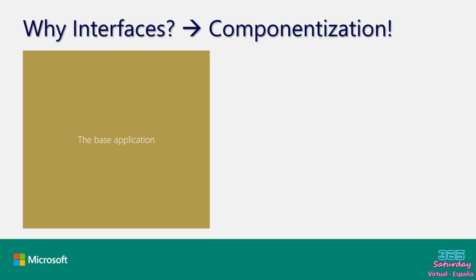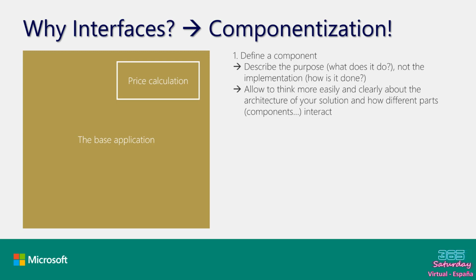But if you're talking about componentization, then you need to have some way to define a component. Otherwise, there's no componentization if there are no components. For example, it could be a component called price calculation. What a component usually does, in programming in general, is describe the purpose and not the implementation.